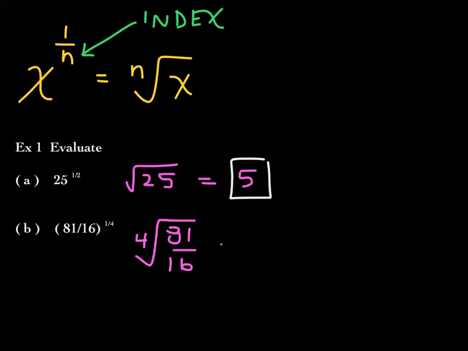If you have become familiar with some of your perfect fourths, you'll know that the 4th root of 81 is 3 and the 4th root of 16 is 2. That is to say, if you raise 3 to the 4th power, you get 81, and if you raise 2 to the 4th power, you get 16. So 3/2 is the evaluation of 81 over 16 raised to the 1/4 power.